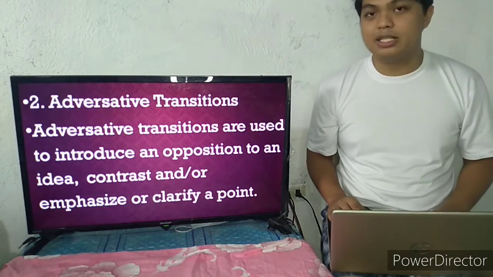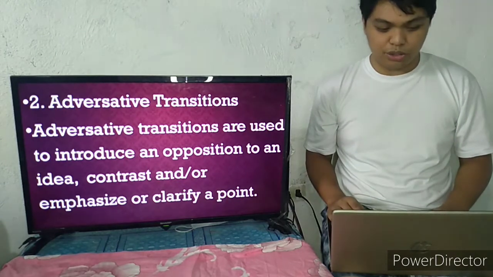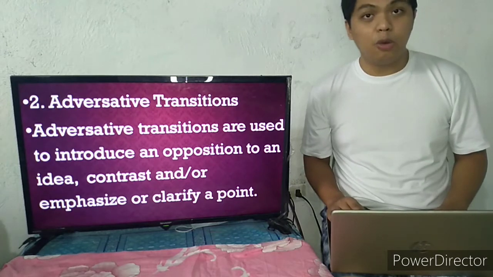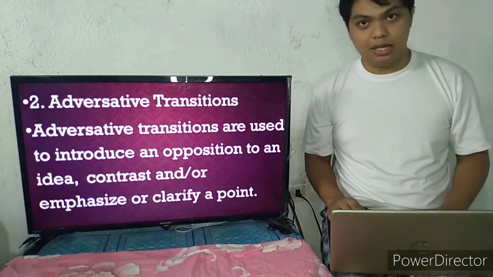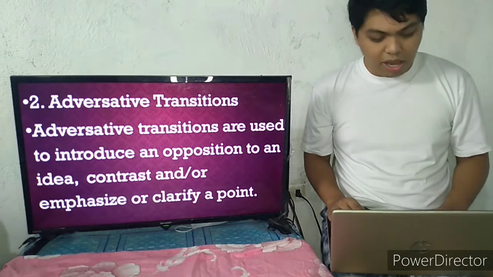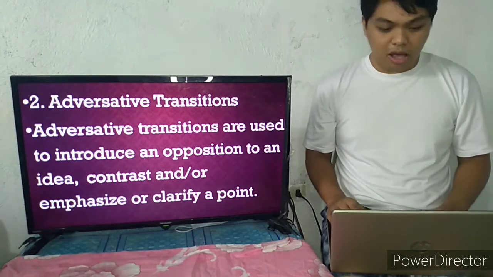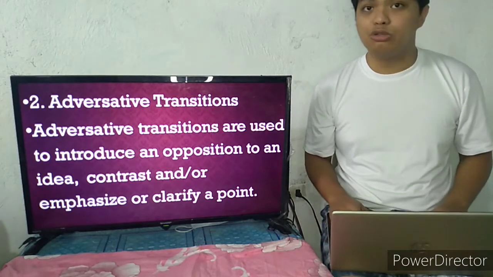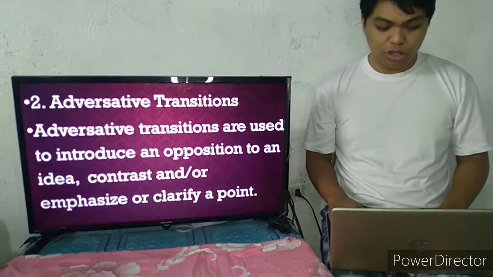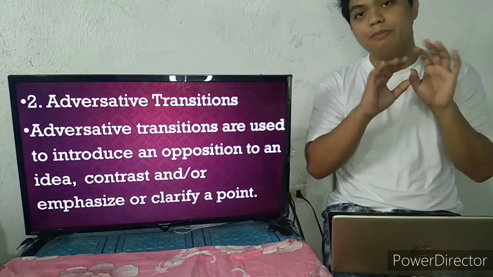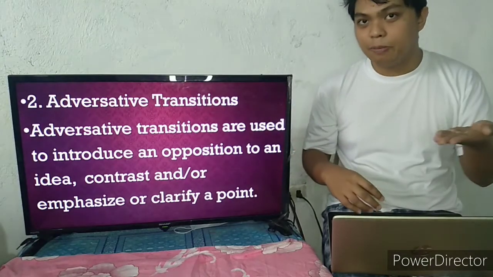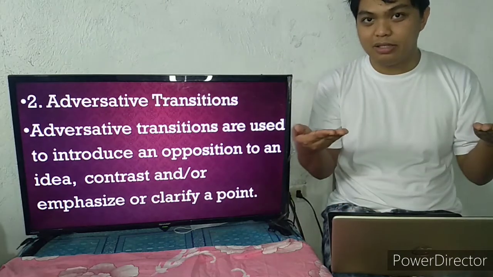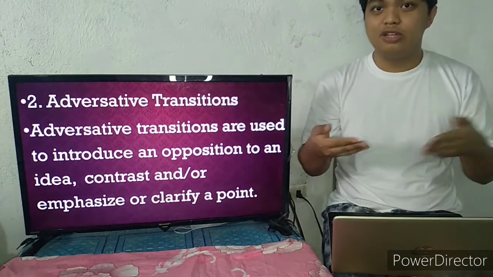The second one is adversative transitions. Adversative transitions are used to introduce an opposition to an idea, contrast, or emphasize or clarify a point. So adversative transitions will introduce an opposition to a given idea. For example, sa isang sentence, yung unang part ng sentence is positive, and then ang kasunod na part ay yung negative part.